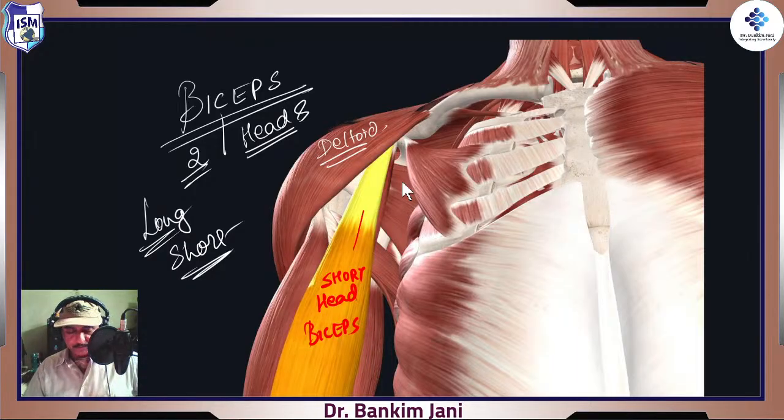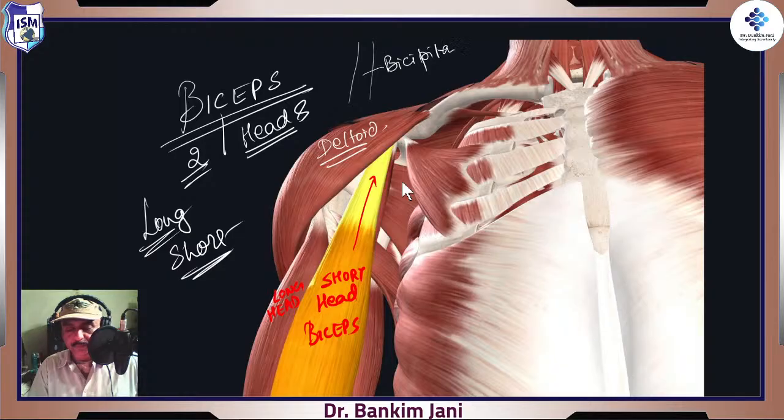Where is the long head? That's the short head. This one is the long head. But this head doesn't seem that long because it is underneath. And where is it going? It is going into that groove. You remember that? There was a groove we talked about, and the name of that groove was bicipital groove.